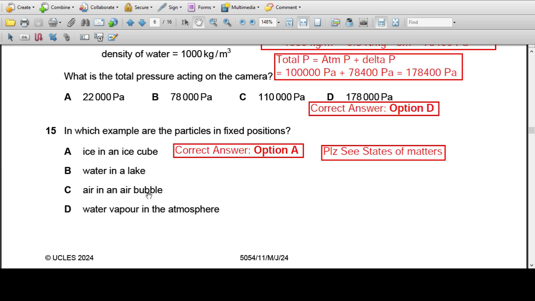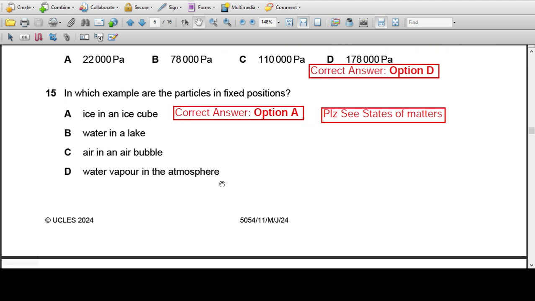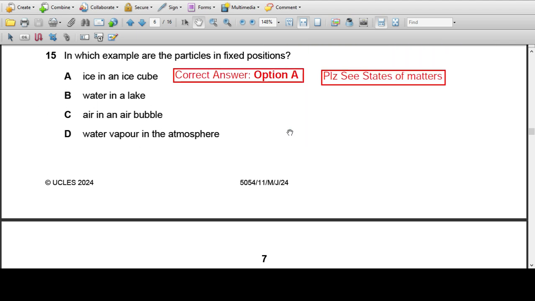Air in air bubbles is also easy to move. Water vapors in the atmosphere move very freely. So ice in an ice cube is the best option, and this is option A. So option A is correct.